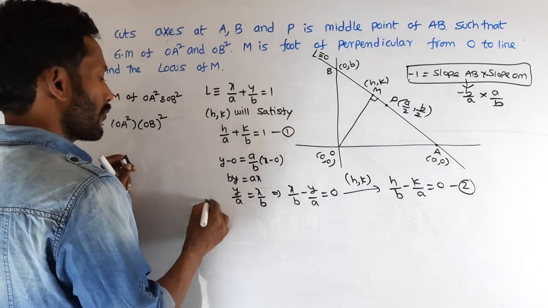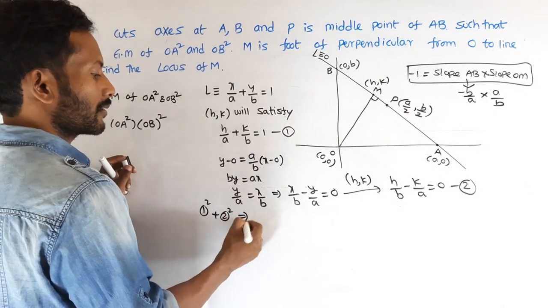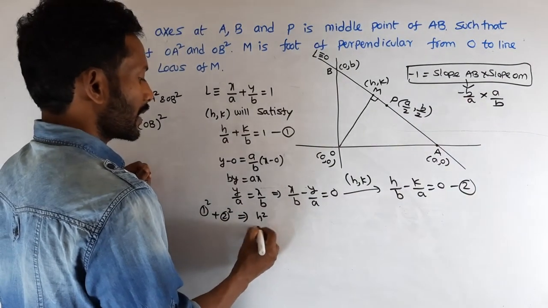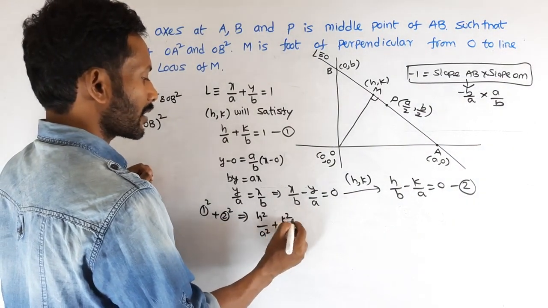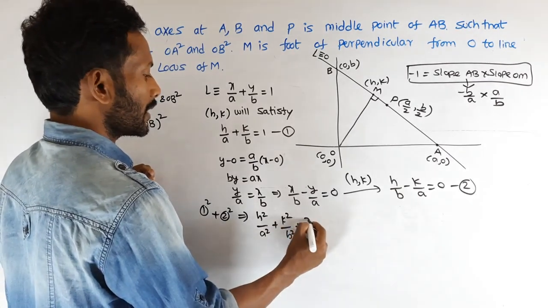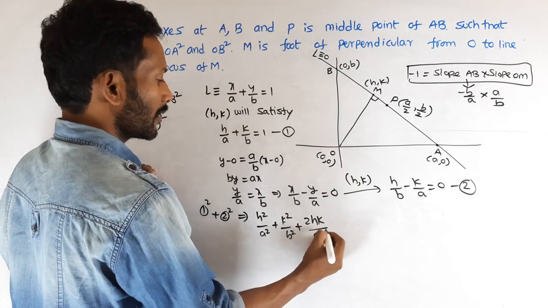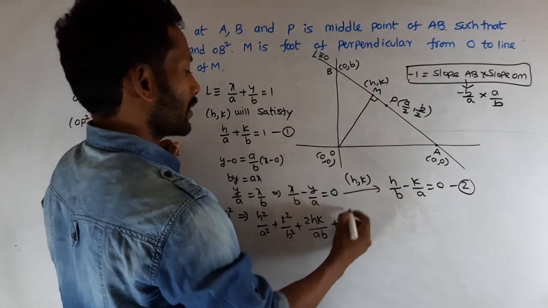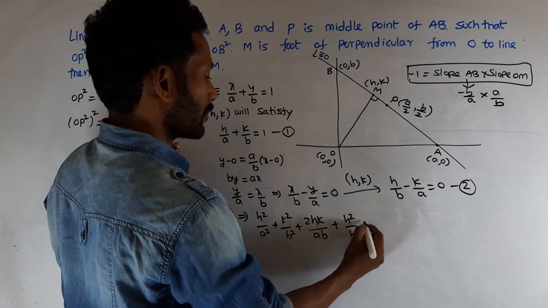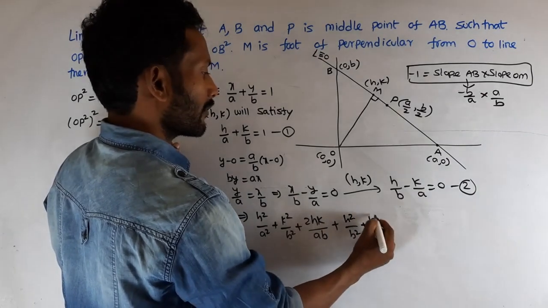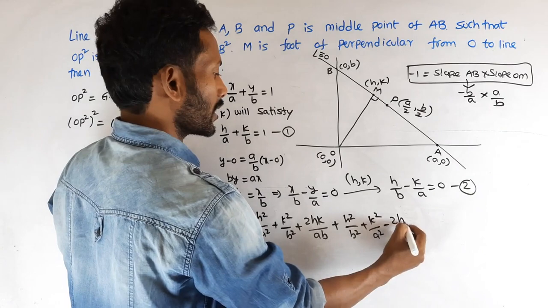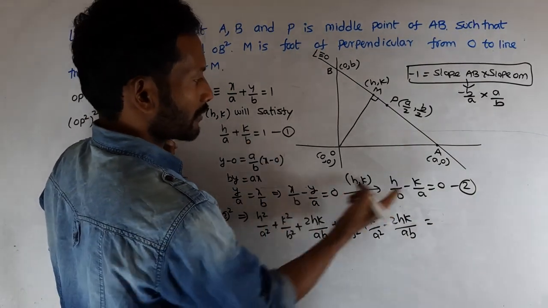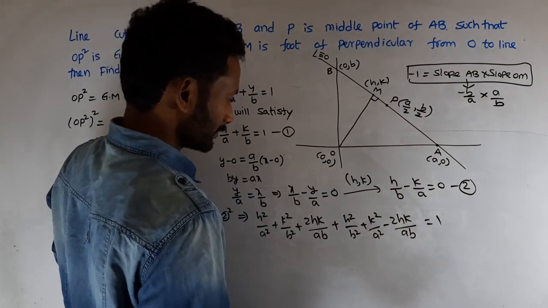Now equation 1 square plus equation 2 square. This one is a plus b whole square: h square by a square plus k square by b square plus 2hk by ab. Next, this one is a minus b whole square: h square by b square plus k square by a square minus 2hk by ab, equal to 1 square plus 0 square, which is 1.